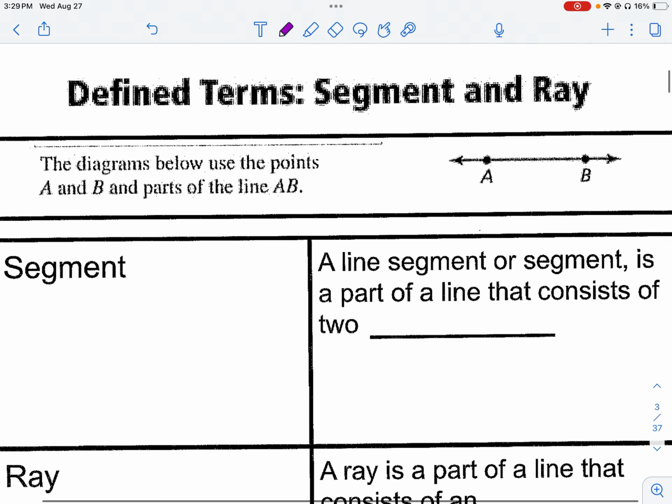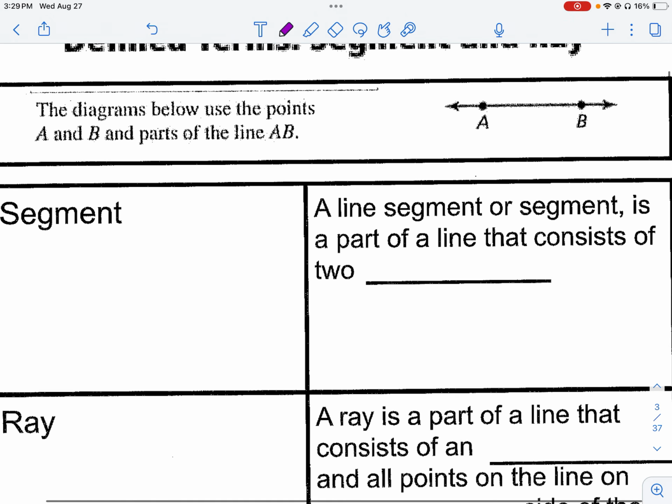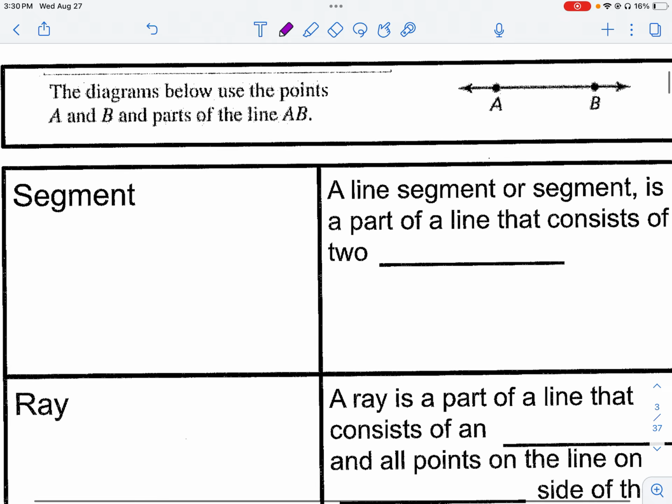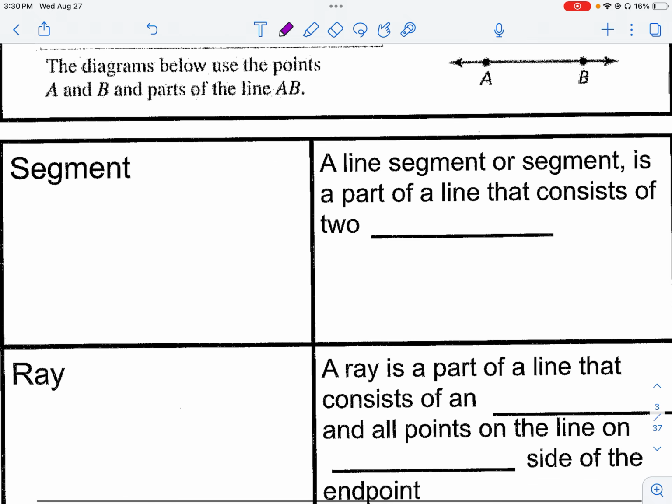So let's talk briefly about defined terms, segment and ray. And we're going to use points A and B and the parts of line AB to define these. So a line segment or segment is a part of a line that consists of 2 endpoints, meaning there is a start and there is a stop.